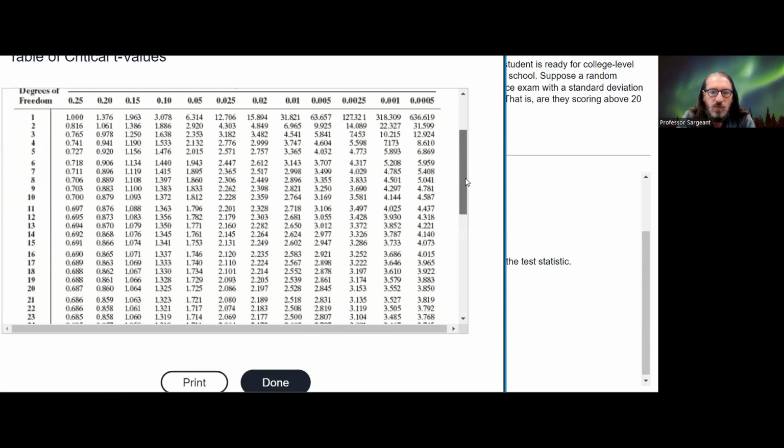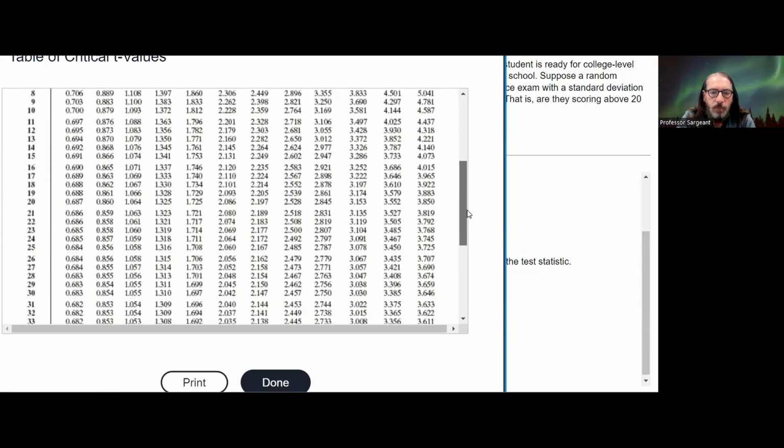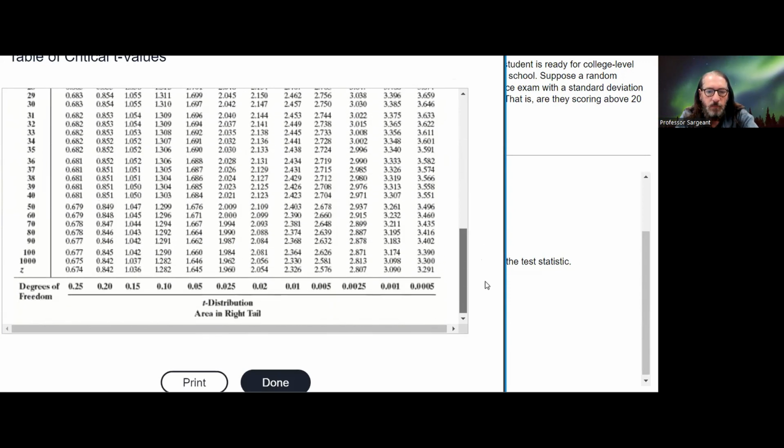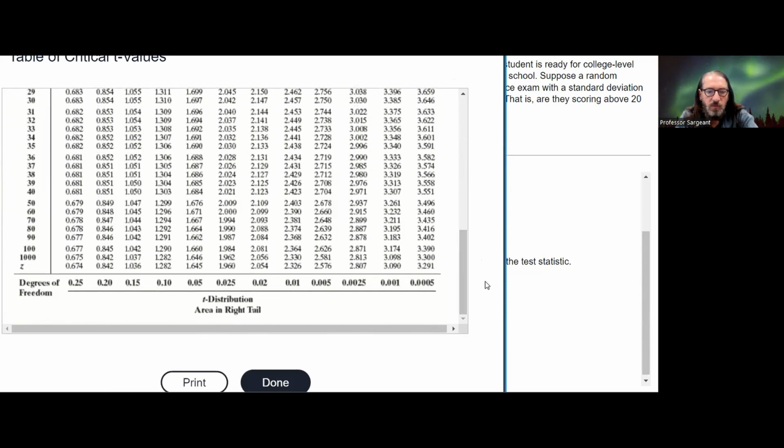And going down to 200, 0.05. There is no 200 degrees of, sorry, the sample size is 200, so there are 199 degrees of freedom. That's not shown. Notice that that would be in between 100 and 1000.